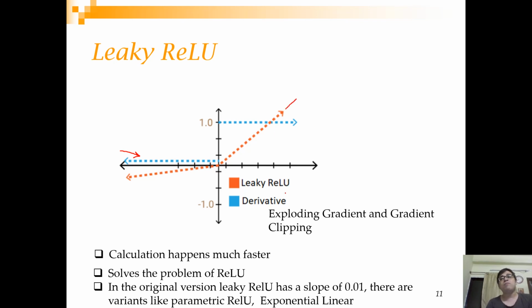There can be one problem which is called exploding gradient. Like vanishing gradient, here you can have different derivative components which are more than one, and if you multiply a lot of them through deep layers of a neural network, the gradient can explode, right? So a very simple strategy to solve this is gradient clipping, where you put a function so that the gradient is clipped like this.